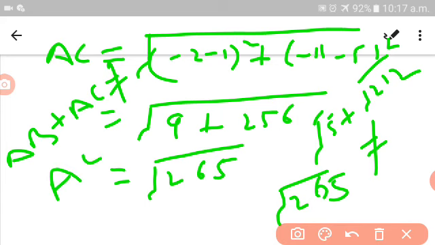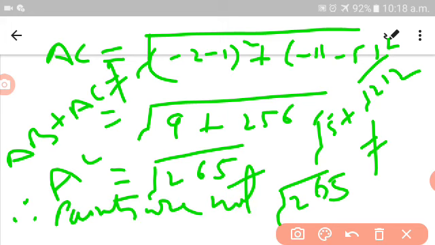Therefore the points are not collinear. You know how to find the values of root 5, root 212 and root 265, and you will see that the values are not coming equal. So this is how we have to check whether points are collinear or not.